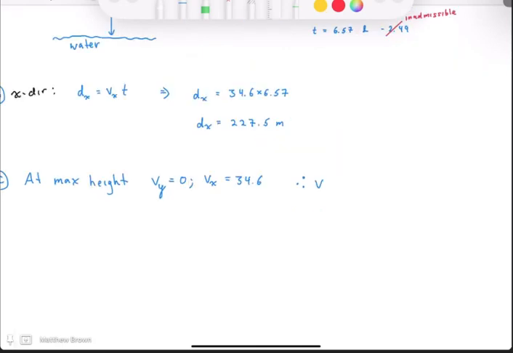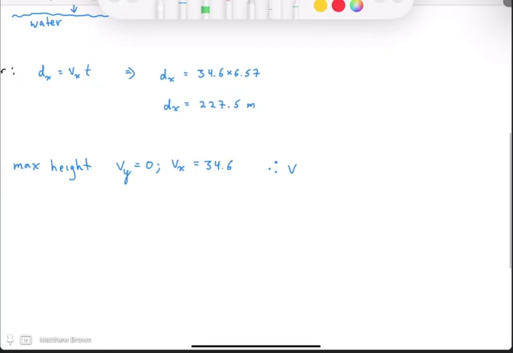This is a big thing to really understand, that v in this case is 34.6, because the y component is 0, but the x component of the velocity doesn't change. It's still moving sideways, if you will, or in the x direction. This never changes.